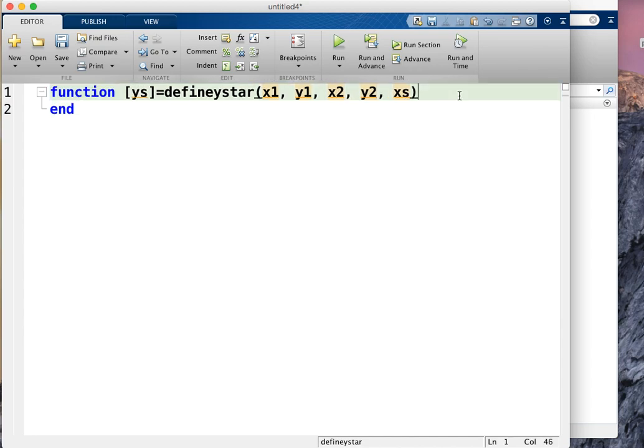And then you could put your linear interpolation formula as the only thing inside the function.